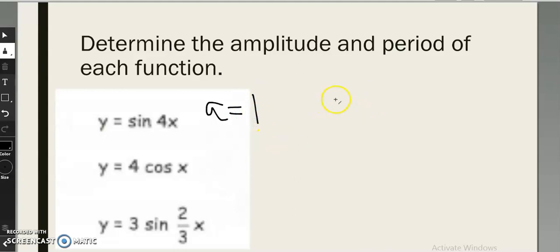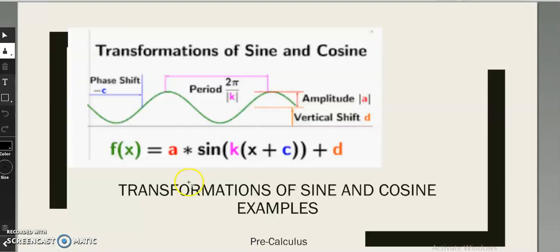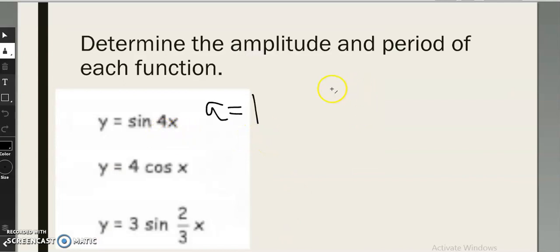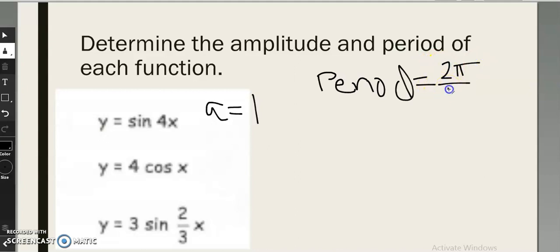The period is going to give me, I have the formula here, 2 pi over b. My b for this one is 4. So my period, I'm just going to put p next time, is 2 pi over 4, or, because I have to always reduce, pi over 2.